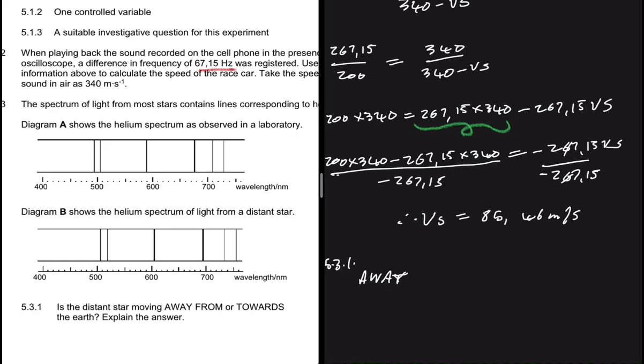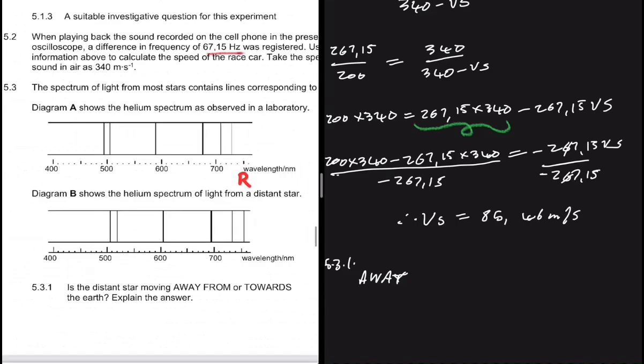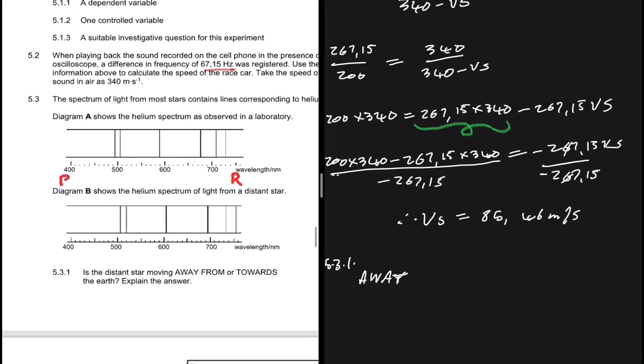So the difficult thing about this question is that you don't know what the red end is, and you don't know where the blue end is, right? But you are given the wavelength instead, so you can deduce where the red end and the blue end are from the wavelength, because we know that in the red end we have longer wavelengths. So right here we have the red end, longer wavelength. And then here we have the blue end, a shorter wavelength, right?